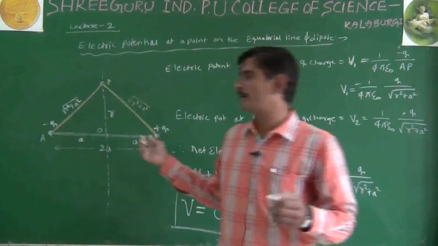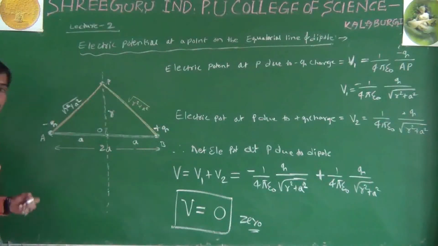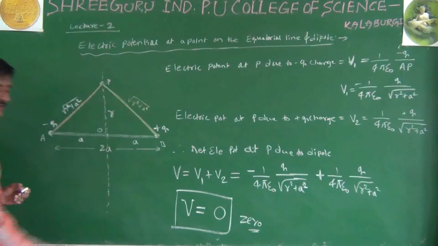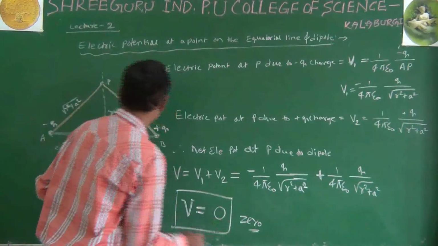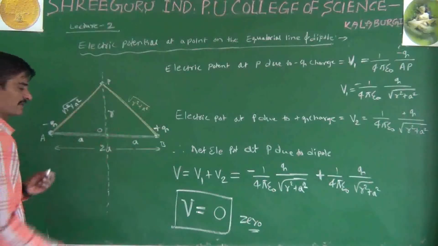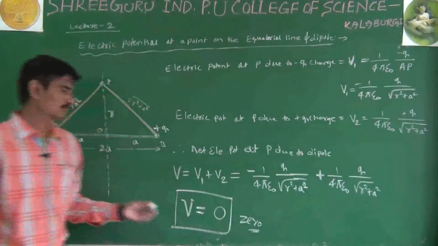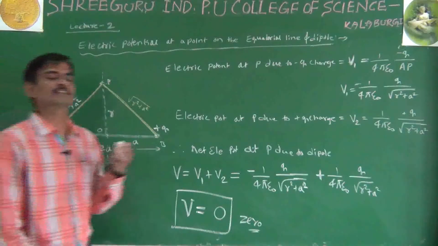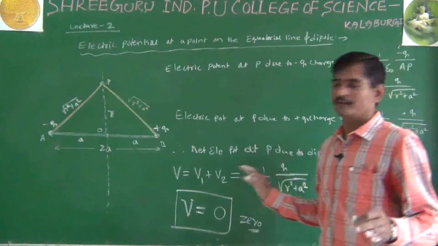In the first chapter you derived the electric field intensity on the equatorial line of the dipole. There will be electric field intensity, but the electric potential on the equatorial line of the dipole will be 0.